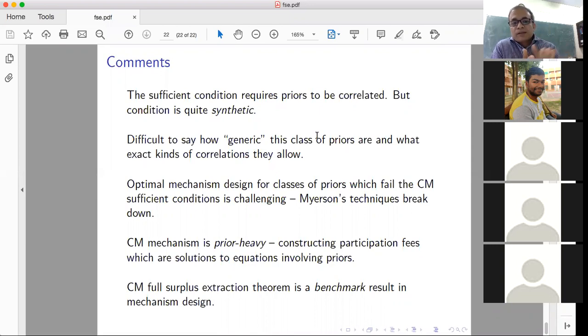The independent priors, in the set of all priors, have measure 0, so the independent priors failing that condition is already consistent with this statement. But what people have shown is that the class of priors which satisfy those conditions is generic in some sense. So in that sense, it's a useful benchmark result.